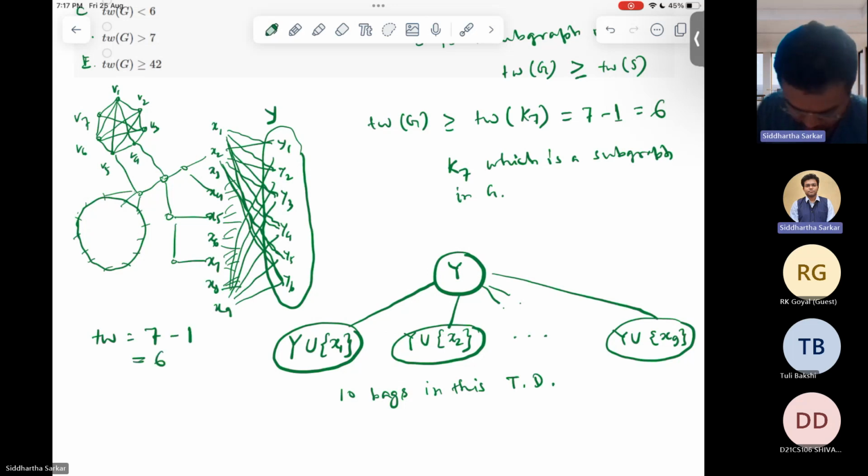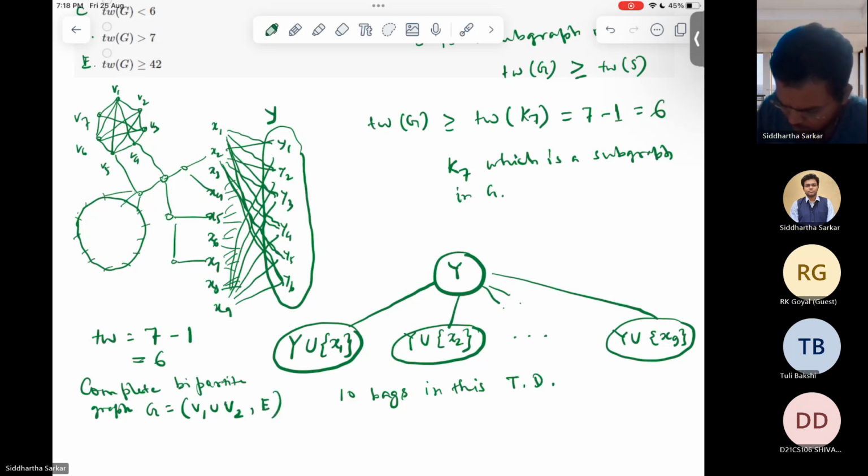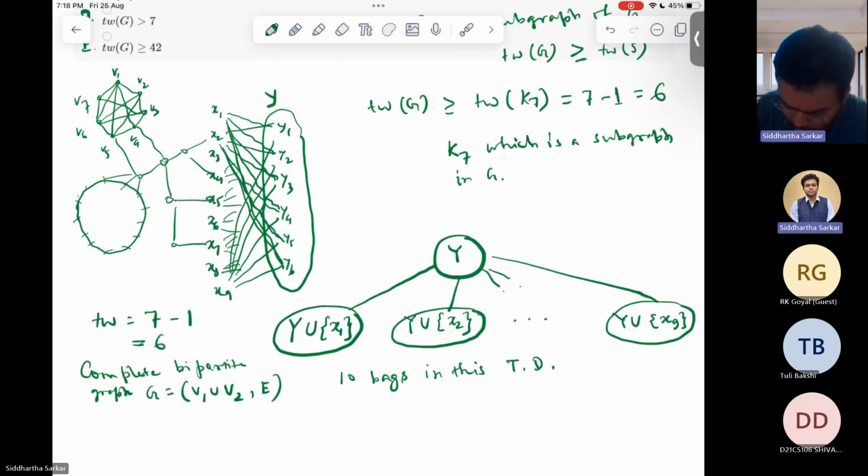There is a lemma, a result, which says that for a complete bipartite graph, let us call it G equal to V1 union V2, where one partition is the set of vertices V1 and the other partition is the set of vertices V2, with all possible edges between them because it's a complete bipartite graph, the tree width of G is the minimum of the cardinalities of V1 and V2.